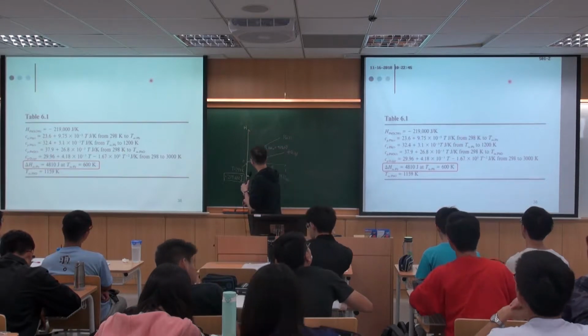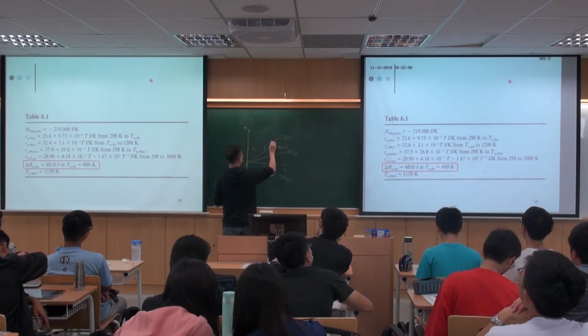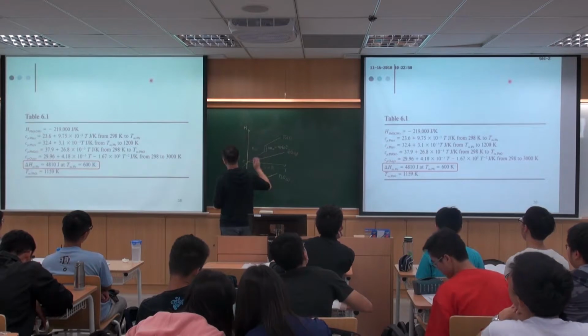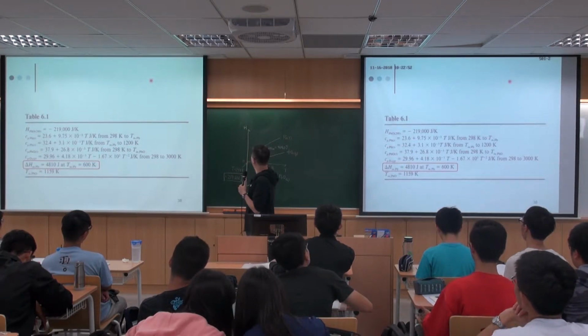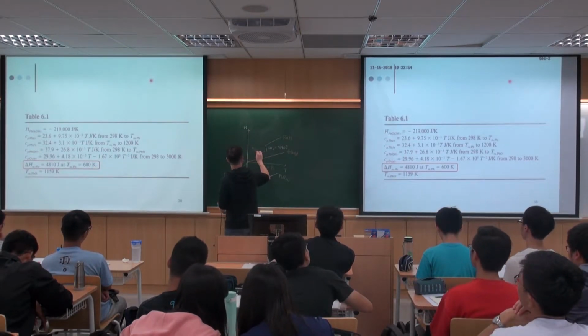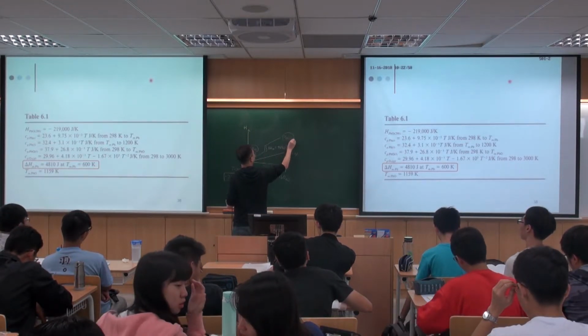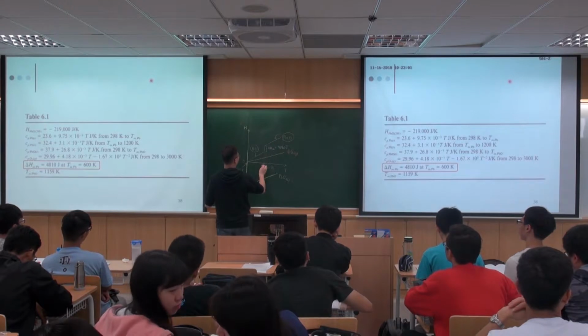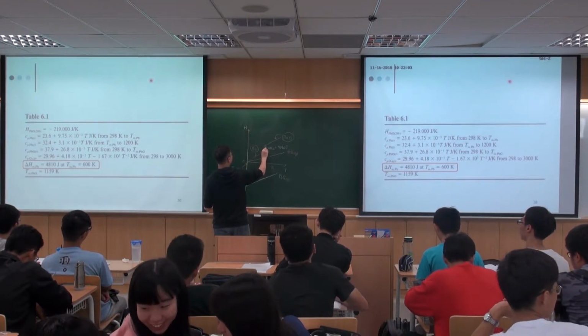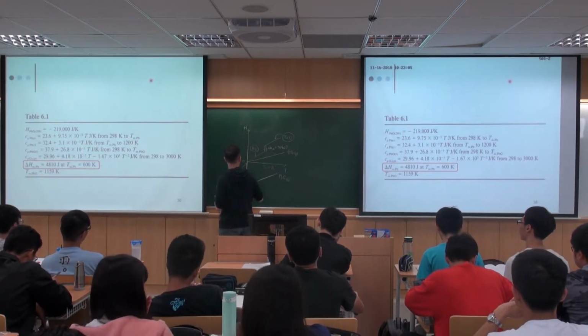So if we look at lead, we know that there are two sections. One of them is for the solid phase here, and the liquid phase is here. And this is the phase transformation, or the melting point of lead.